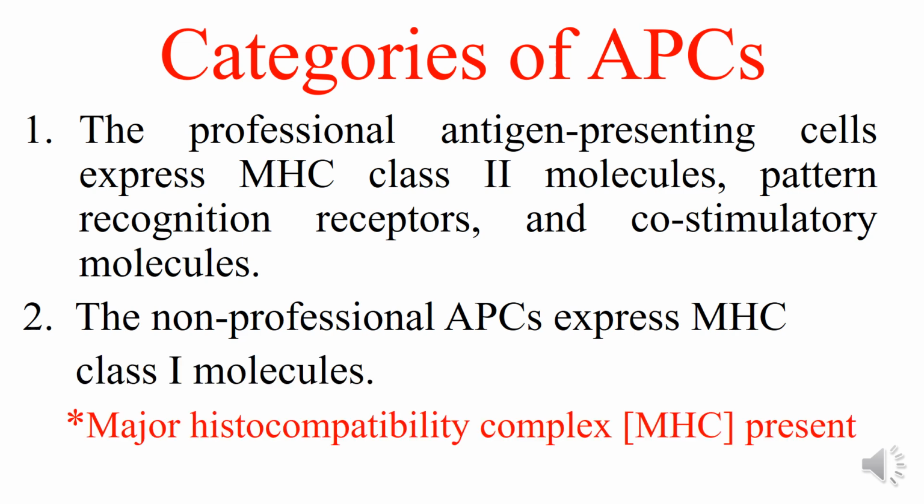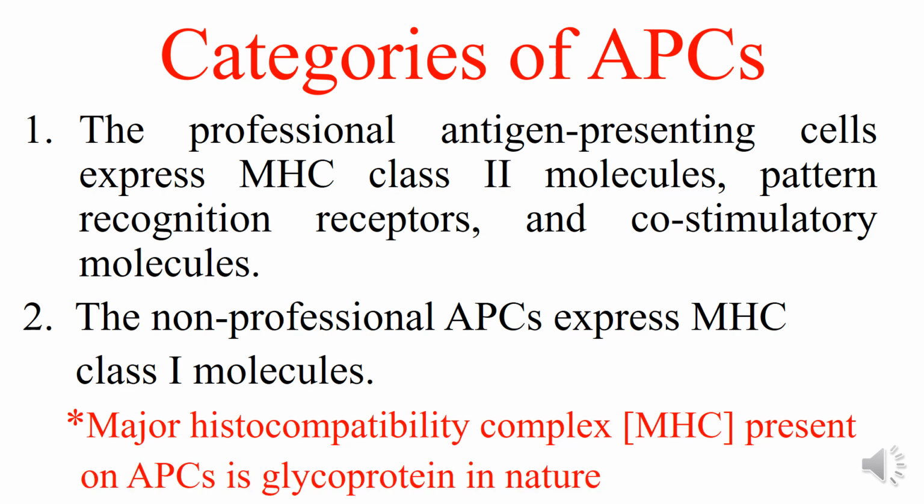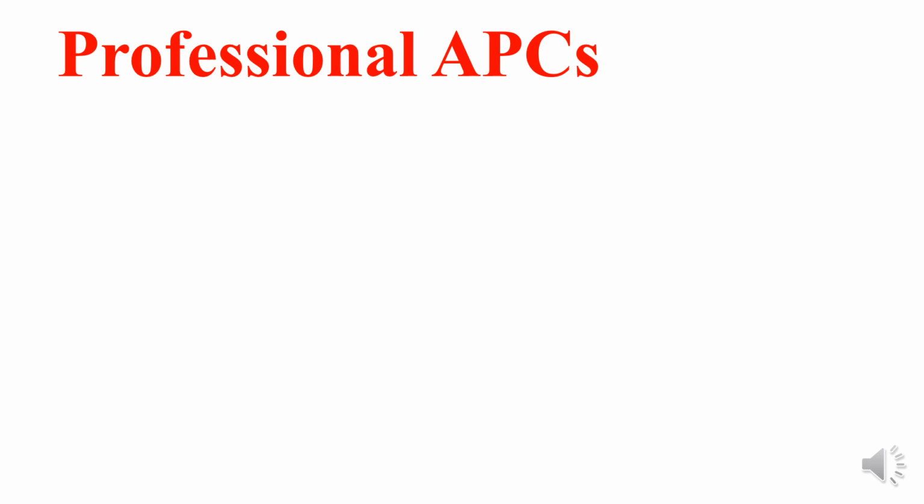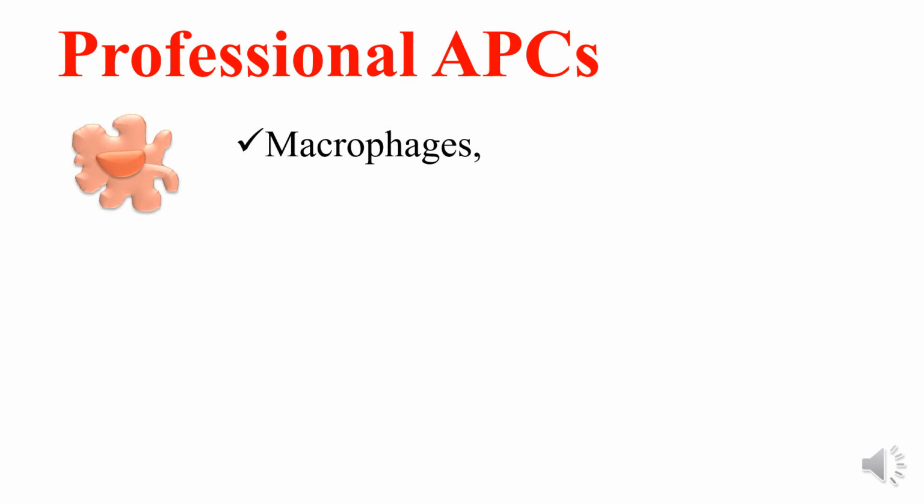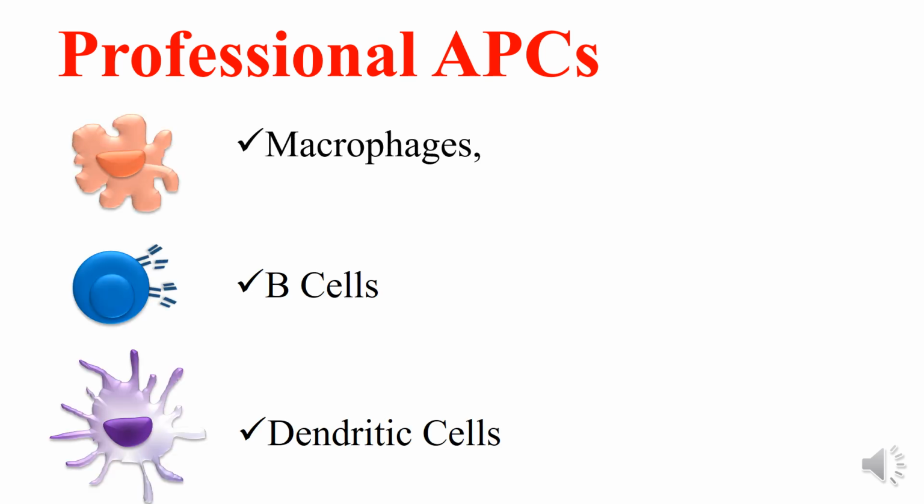The major histocompatibility complex or MHC molecules are present on the APCs. These are glycoproteins in nature and they are encoded by genes to be expressed on antigen presenting cells.